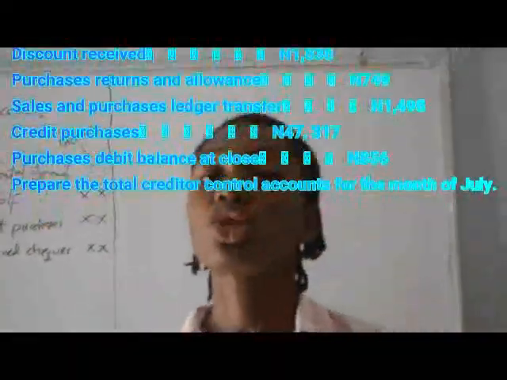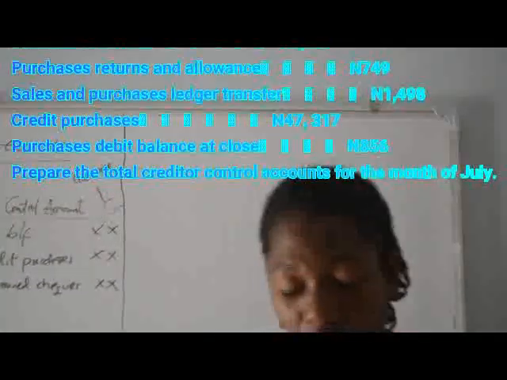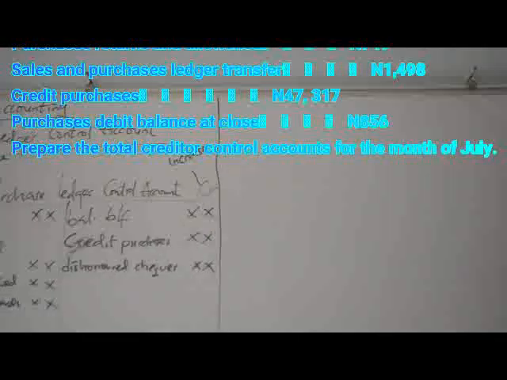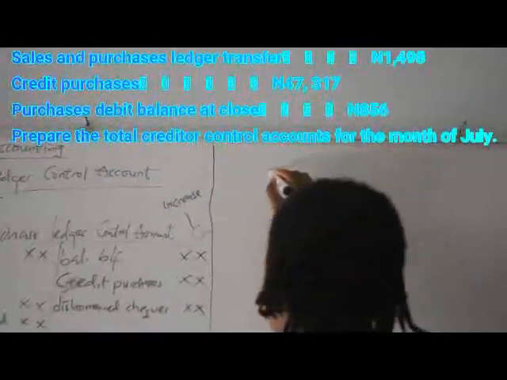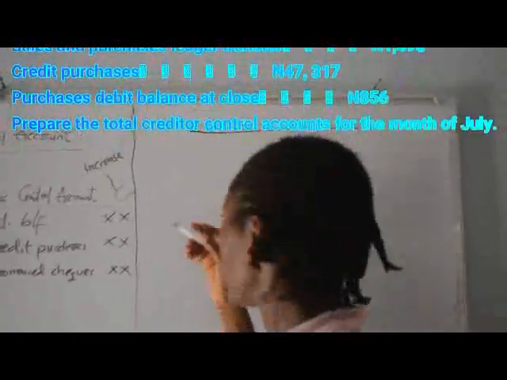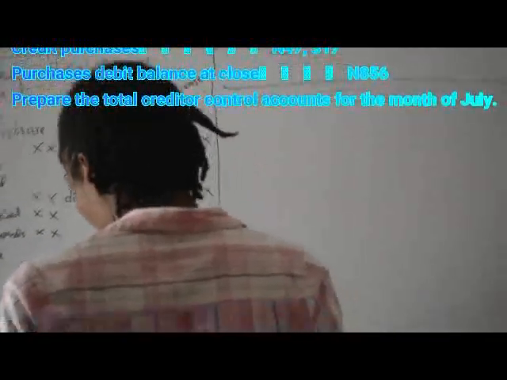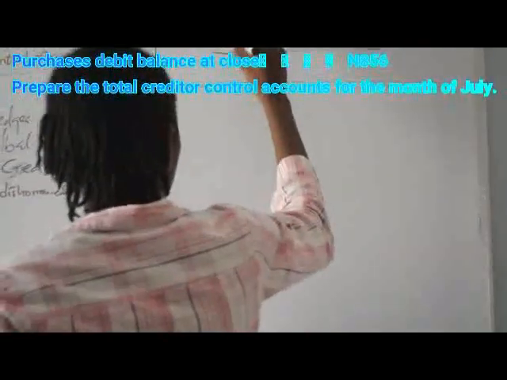So we'll be doing that together, taking all the accounts into consideration. Like I said, the first thing we do when preparing our accounts is to identify the owner of the account, and then address the account appropriately. So this account belongs to Mr. Ojodu.